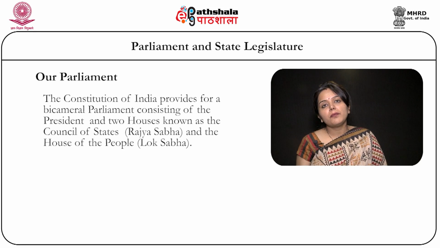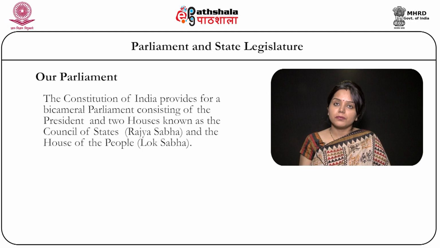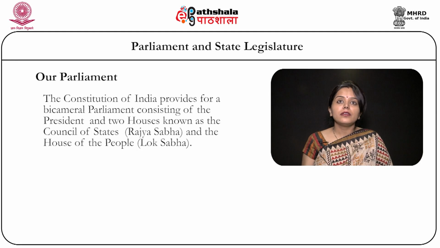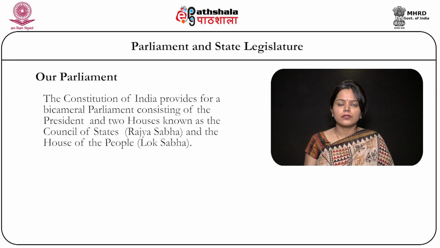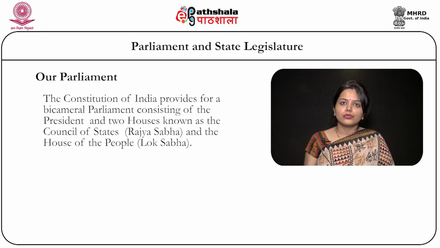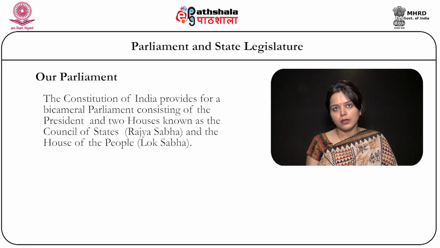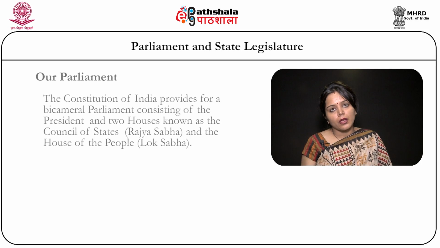You know students that Parliament consists of President, but President here is not a member of any house, and these two houses, one is Council of State, which is famously known as Rajya Sabha in India, and the other house, House of People, again famously known as Lok Sabha.